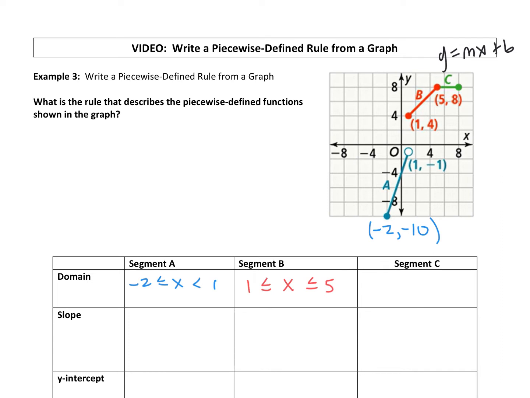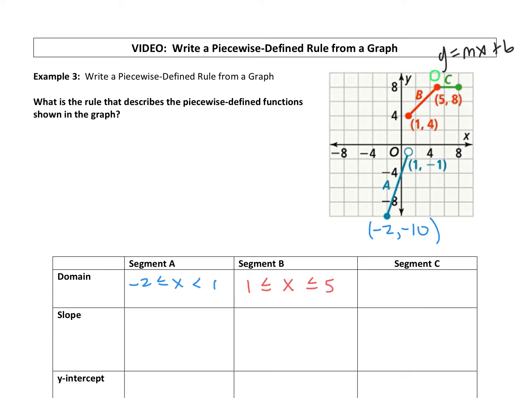All right, segment C, this one over here, what you can't see in your notes or in this graph very well is that there actually is an open circle at C. It got covered up by the closed circle of function B. And when you have an overlap like that, where the 5 is part of this domain and the 5 is part of that domain, that 5 actually cannot be part of both domains.